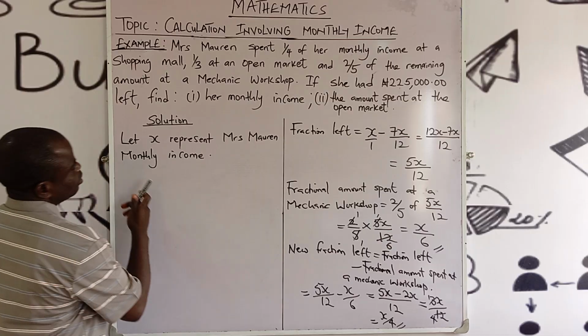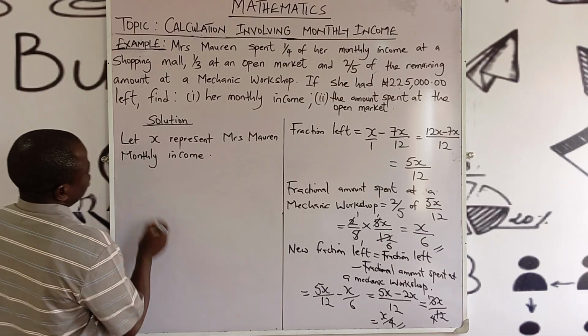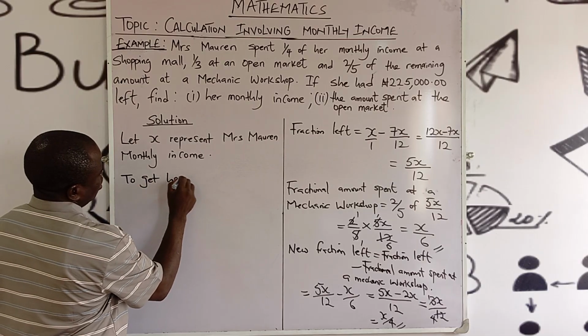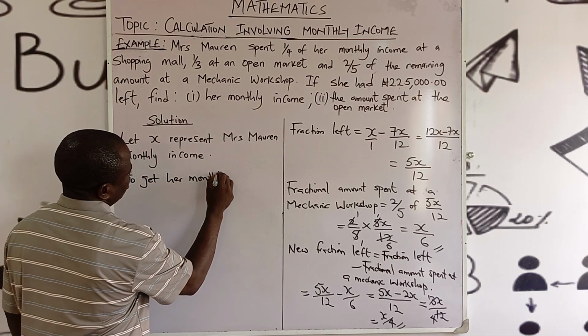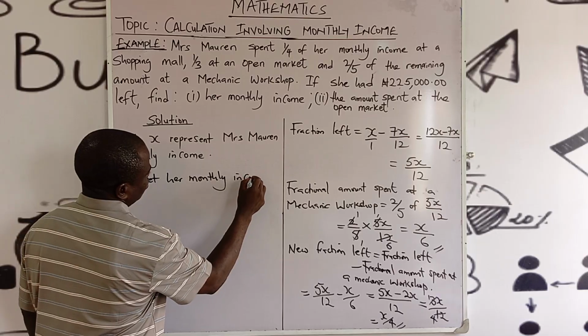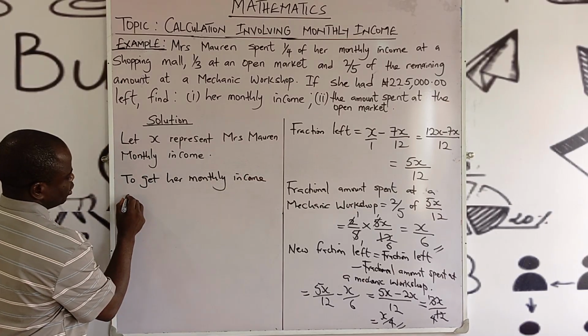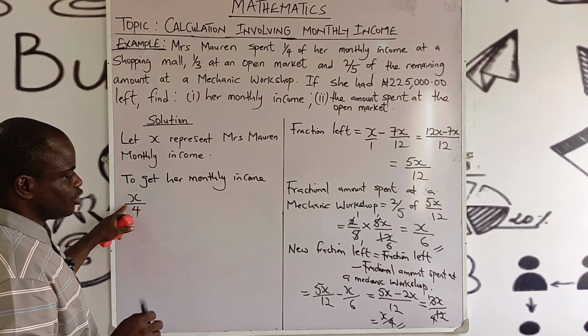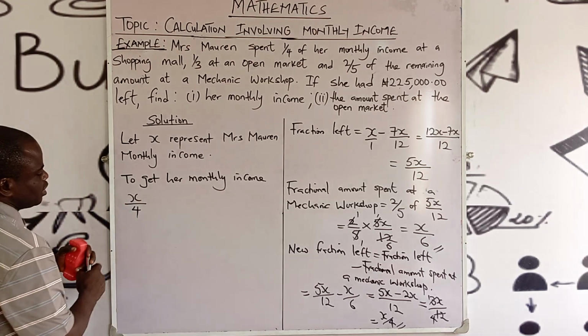What should we do now to get our monthly income? We have X over 4, which is the new fraction left. Let's write it as a statement.